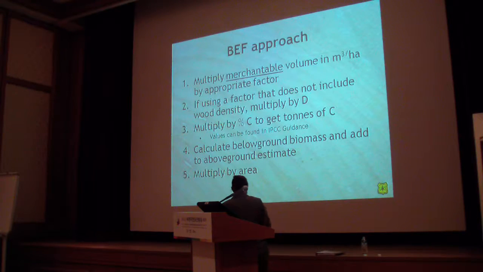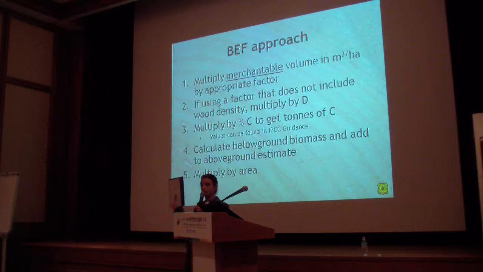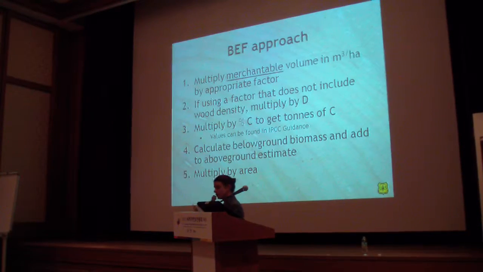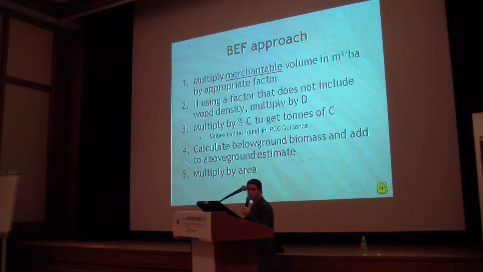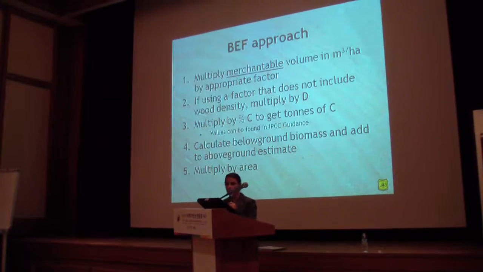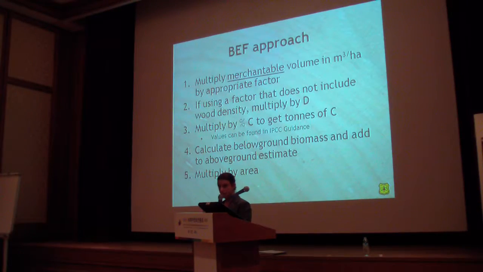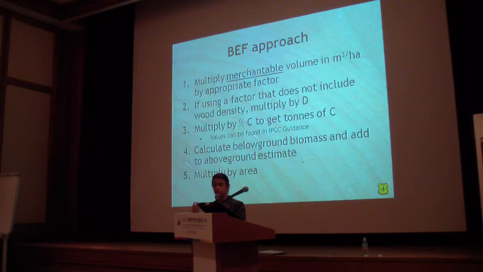Then if you're using these factors in the IPCC guidance, they are a one-stop shop. That expansion factor includes everything you need. If you're using a factor that you found in the literature, it may not include wood density. Those values are in the IPCC guidance, so you want to make sure you include that step. We don't need to do that today, but you might need to.